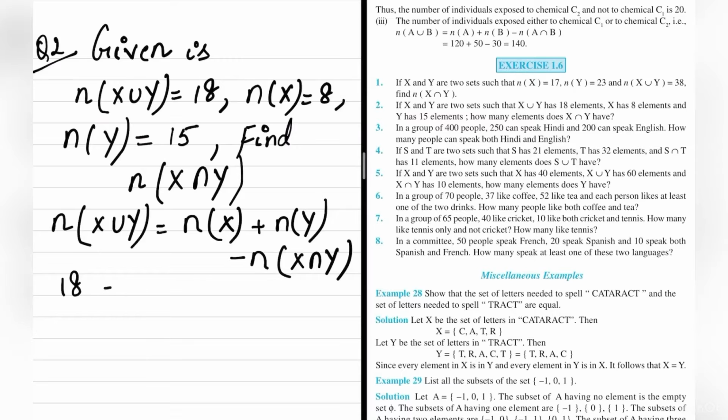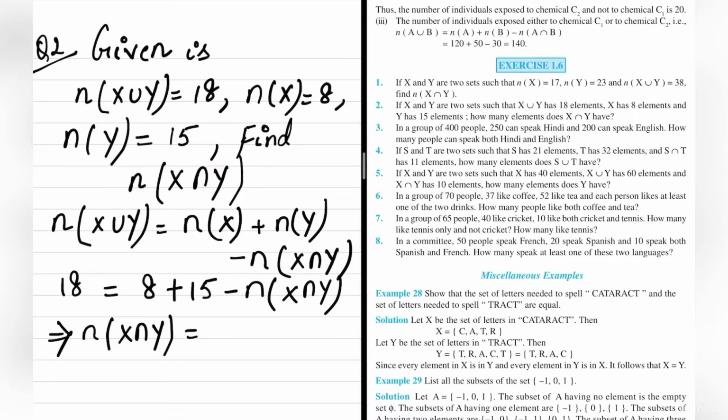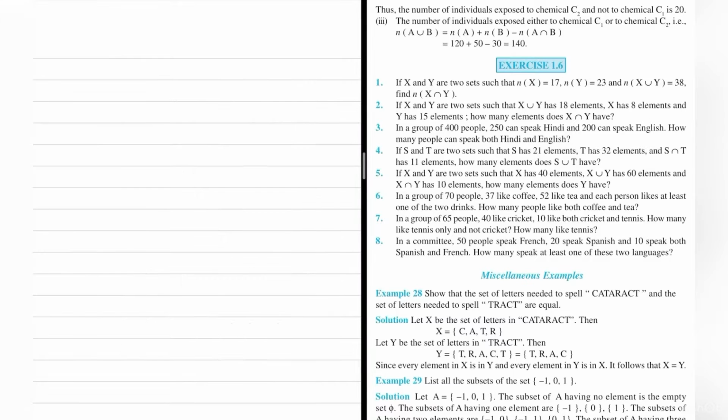So 18 is equal to 8 plus 15 minus n of x intersection y, and this implies n of x intersection y is equal to 23 minus 18. This is equal to 5. So the answer is 5. Okay. Next question.